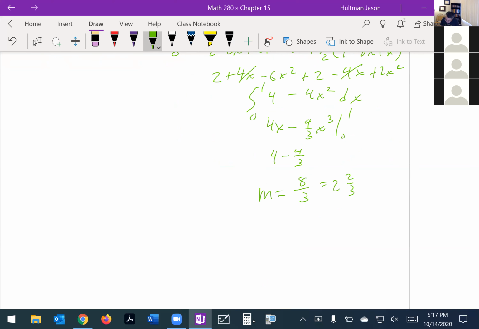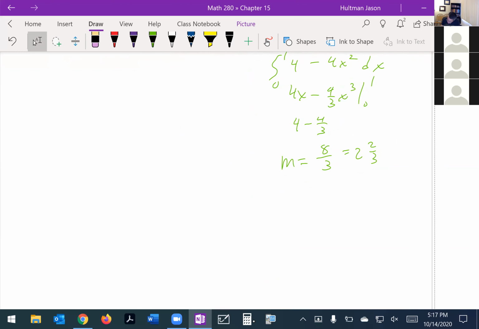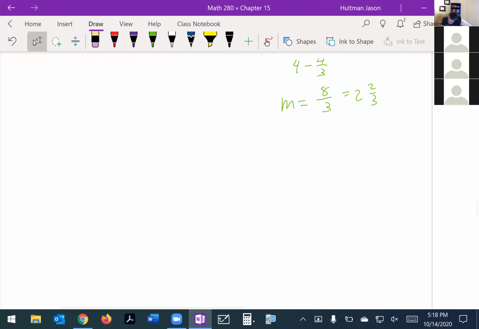Okay, so what's x bar? Well, x bar is equal to 1 over m times the integral of x times rho of xy dA. So we're going to integrate now with respect to x here. What do I want to do? Do I want to do dy dx or dx dy?